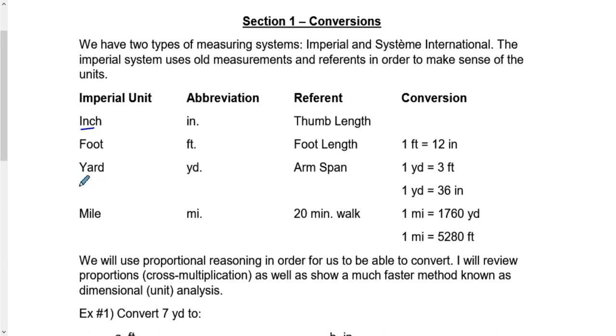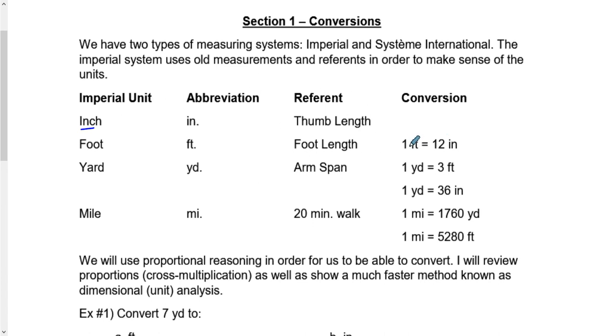So merchants were doing different things, and it just becomes a huge issue. And that's the reason why the System International was invented. But we still have to have an understanding because we are in Canada and we have to have a good understanding of the imperial as well as its conversion into the system.